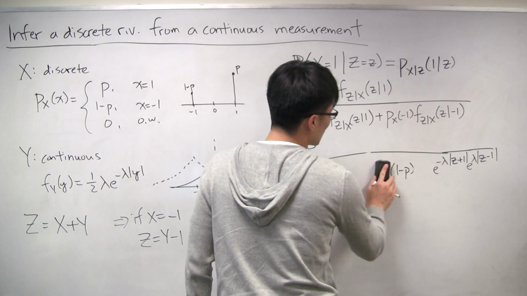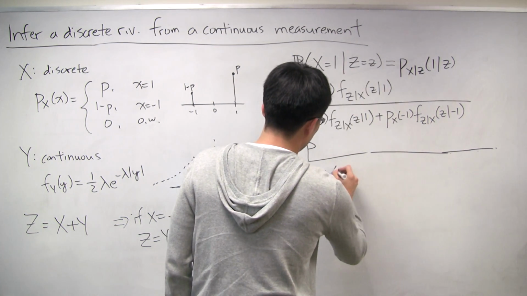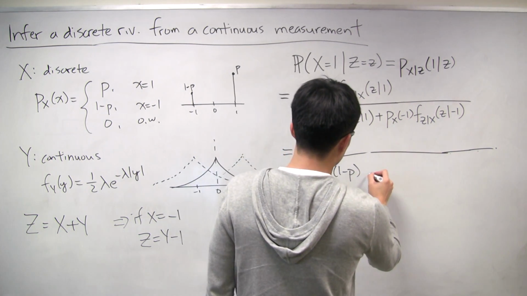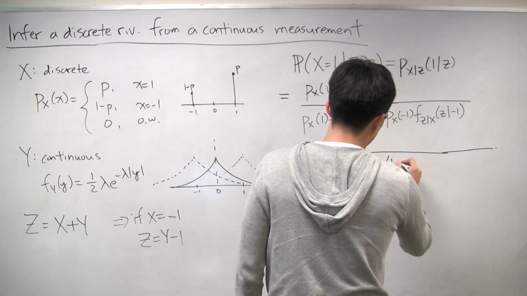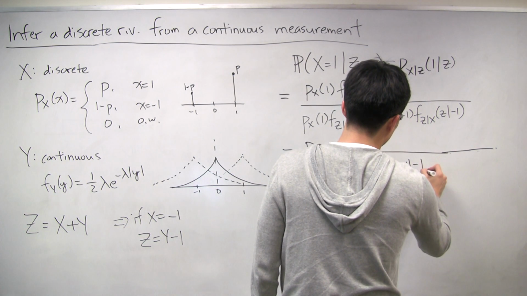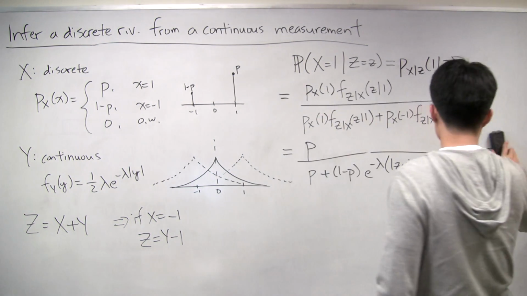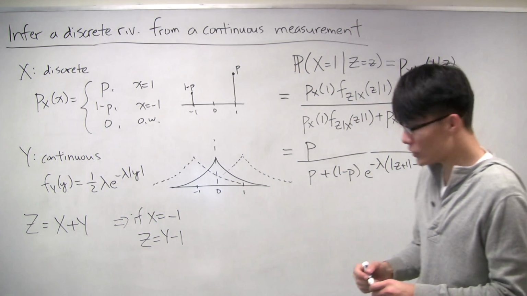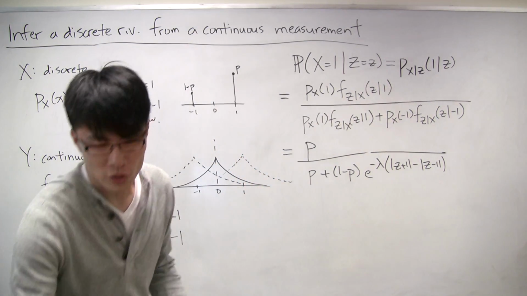And what we get is plus 1 minus p e to the minus lambda absolute value of z plus 1 minus absolute value of z minus 1. Okay, so that is pretty much as far as you can go in terms of simplifying it.